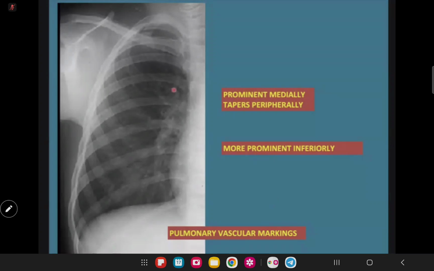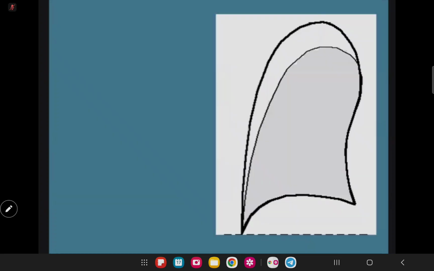So take note, in your middle or inner markings, these would be your pulmonary vascular markings. Normal na siya, those are not infiltrates. Mo taper na siya, and gradually your vascular markings would disappear in the periphery. Tapers peripherally na siya.